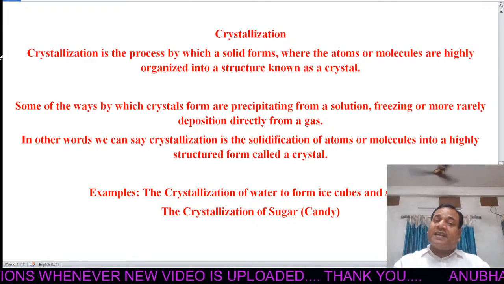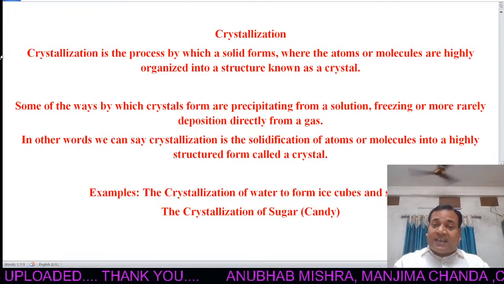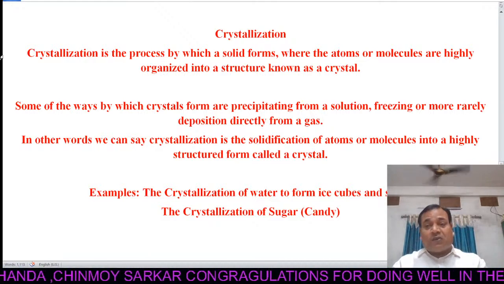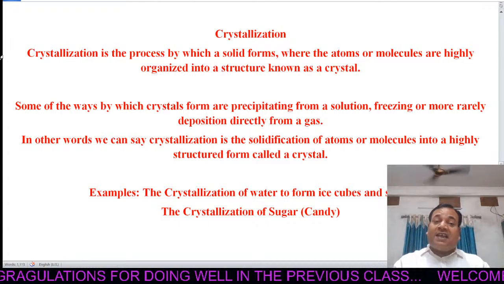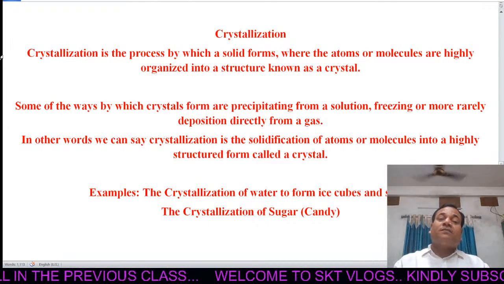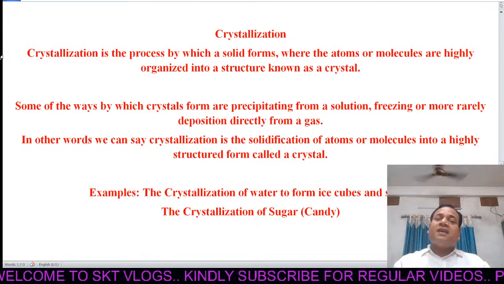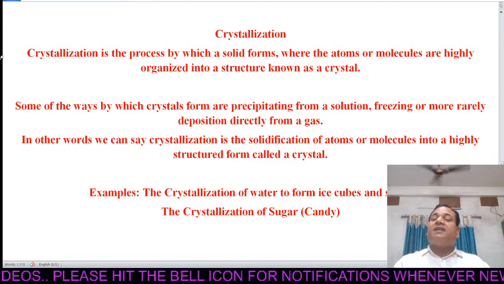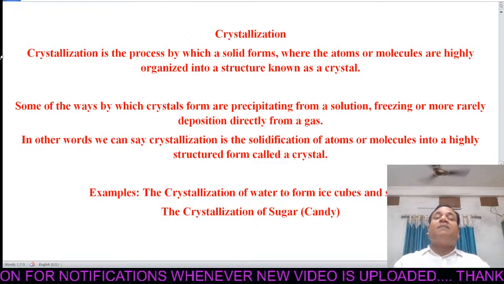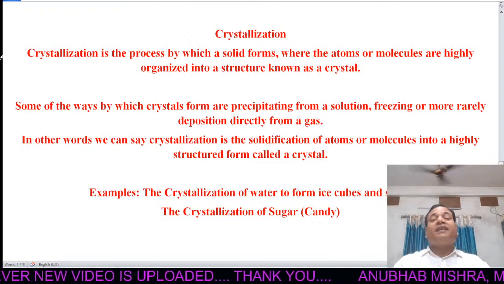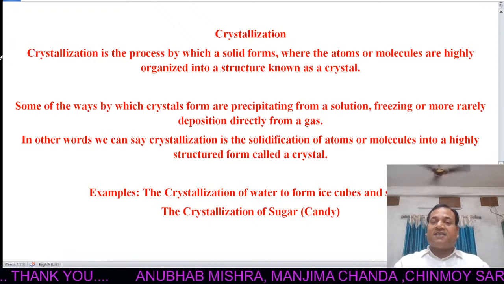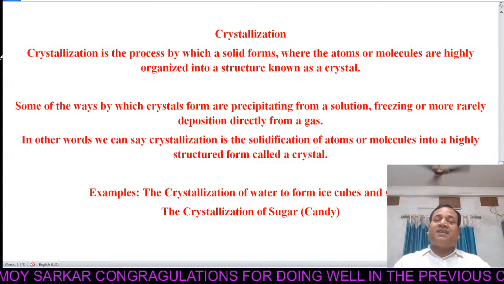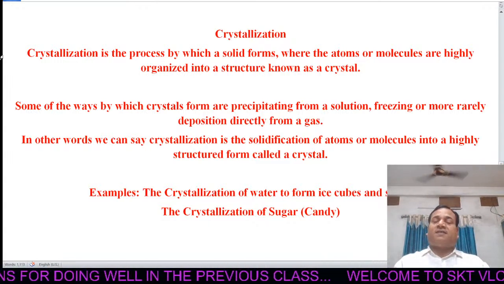Example, the crystallization of water to form ice cube and snow. The crystallization of sugar as a candy. शुगर कैंडी खाने में बहुत अच्छा लगता है ना. So sugar candy is made due to this crystallization process.